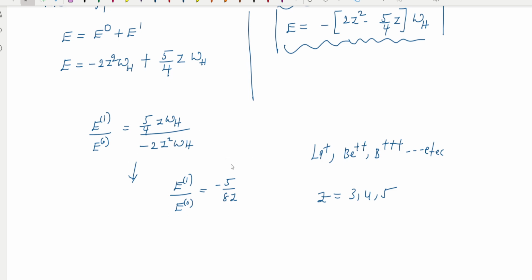So these are all the corresponding corrected energy terms.